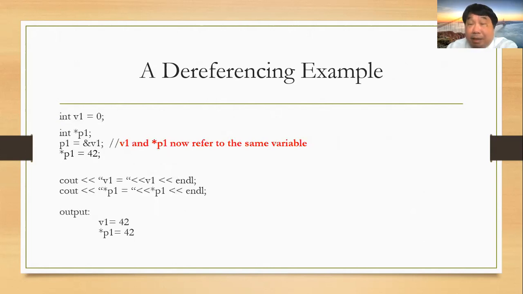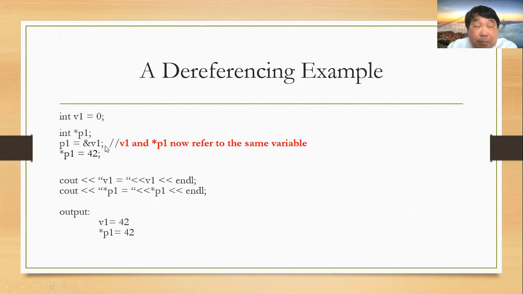Next, let's see an example run for the dereferencing operator so you can better understand. First, we declare v1 as an integer variable and initialize it with 0. Then we declare p1 as an integer pointer variable. Then we use the ampersand to determine the memory address of v1 and assign it to the pointer p1.